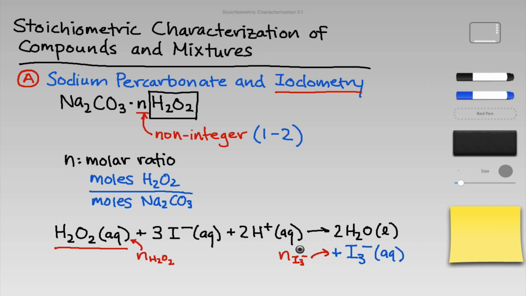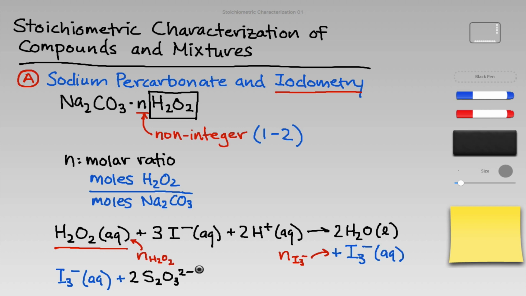But to measure the number of moles of triiodide, we actually have to take advantage of another reaction that consumes the triiodide. So I3-, which I'm going to draw here in blue, and the reason I'm drawing it in blue is going to become apparent in a second, is going to react with a known number of moles of the reagent sodium thiosulfate, which contains thiosulfate anions, S2O3 2-, in aqueous solution.